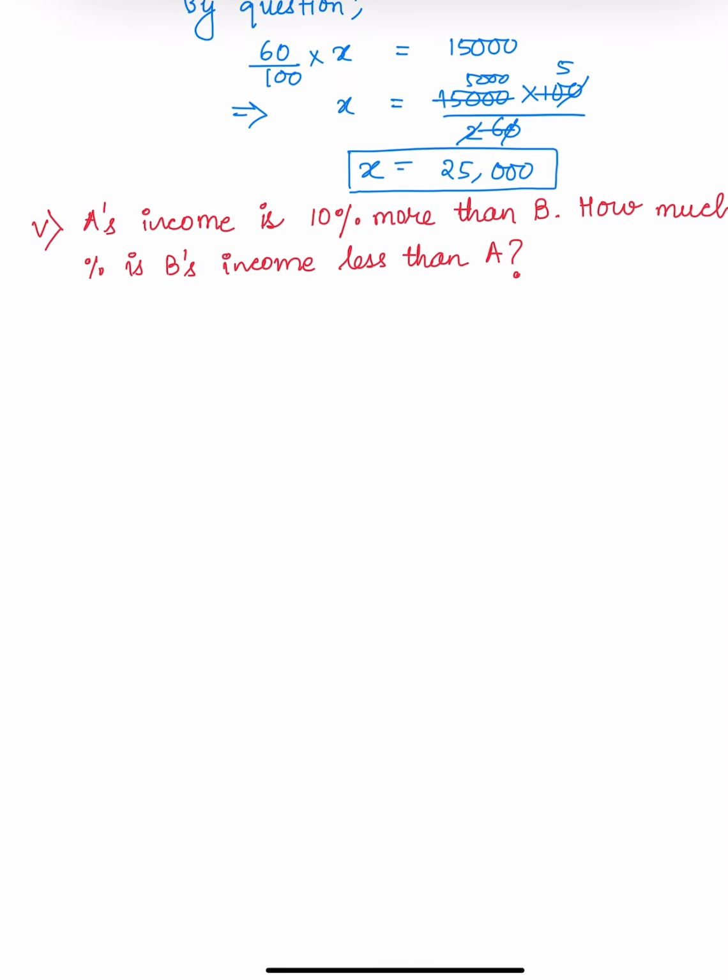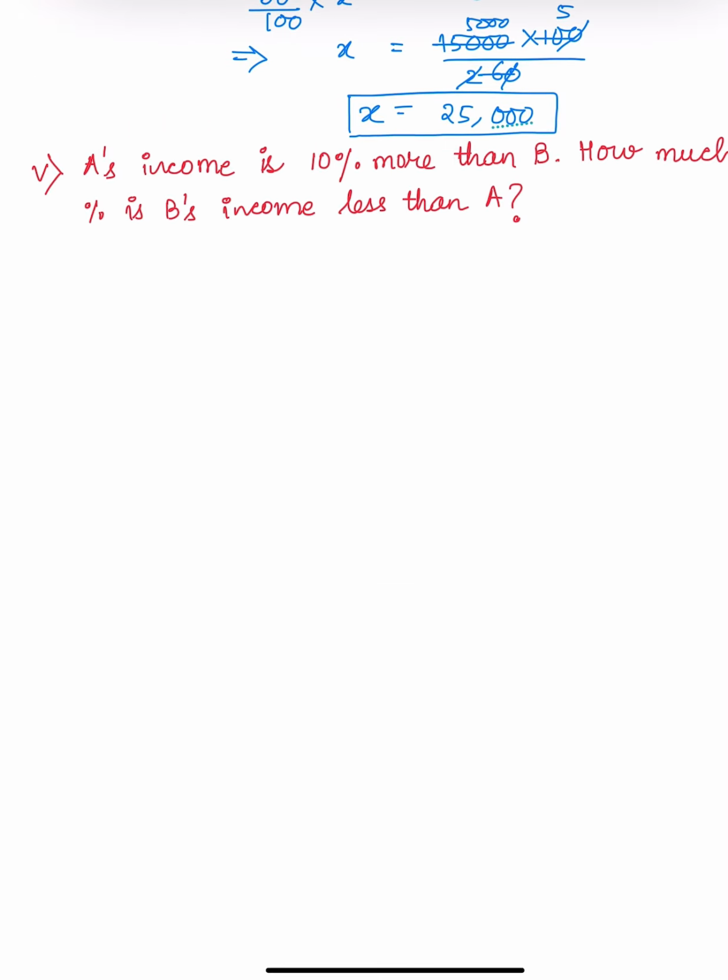The last and final question is, A's income is 10% more than B. So by what percentage is B's income less than A's? Since over here we are completely dealing with percentages, we can assume values for easier calculation. So let B's salary be 100 because it's easier.